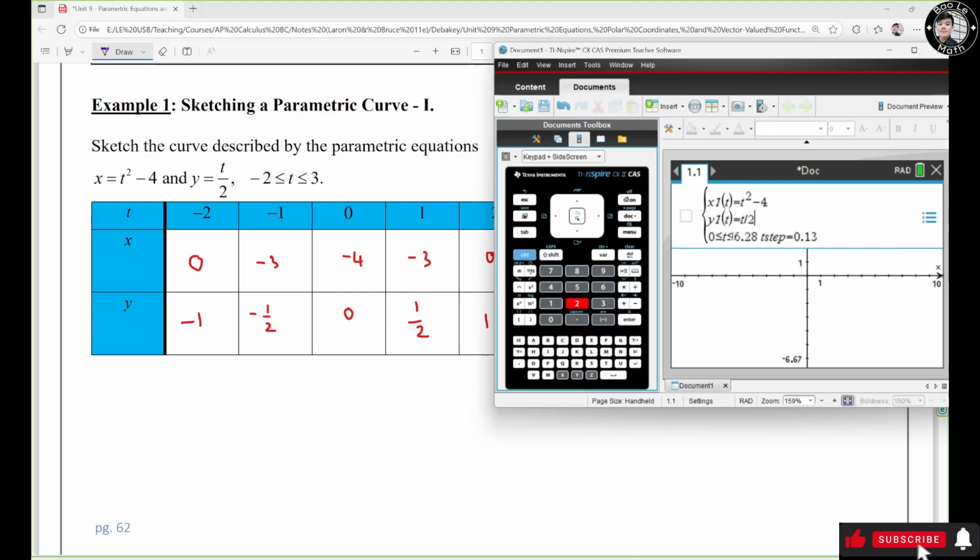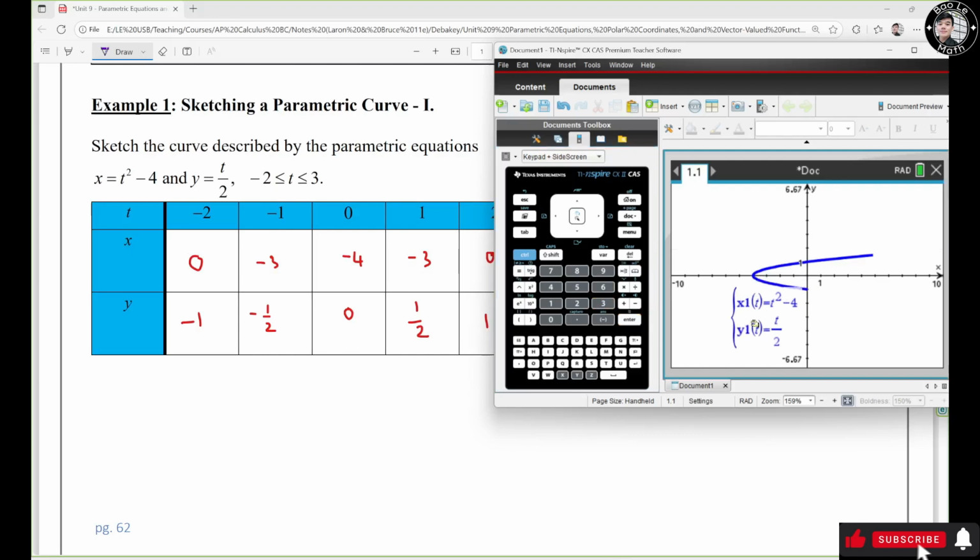For the domain of the t value, it should be -2 to 3, so you just override this one with -2 and 3. The t step, you just leave it. Hit enter, and the graph appears right here.